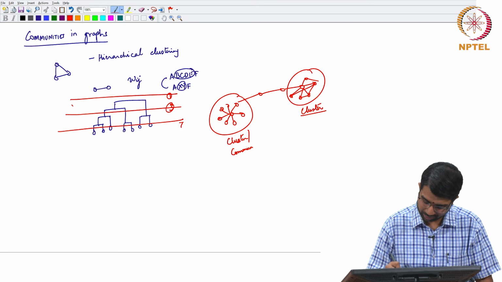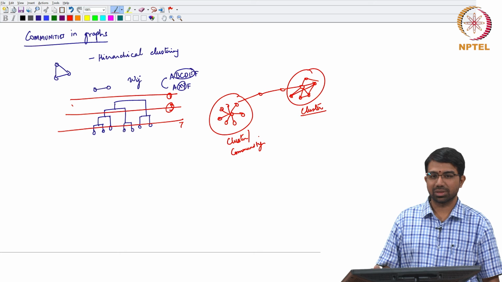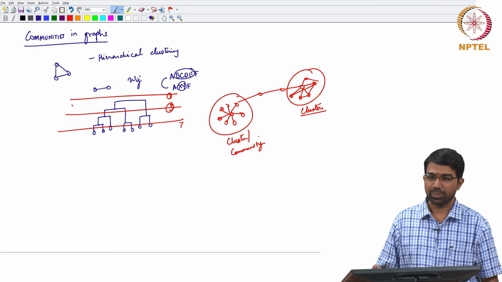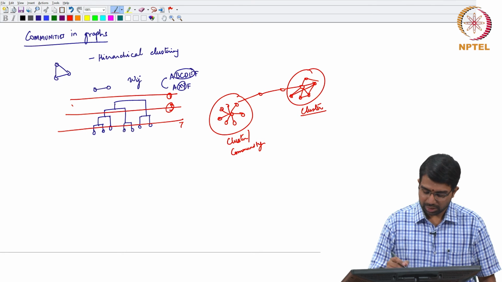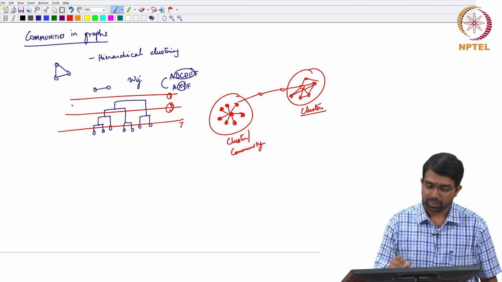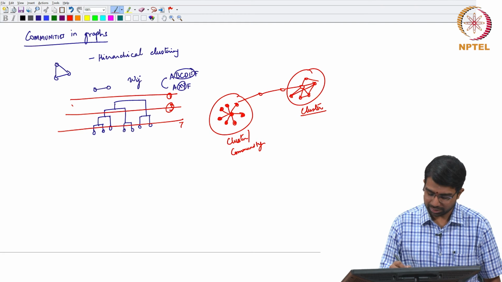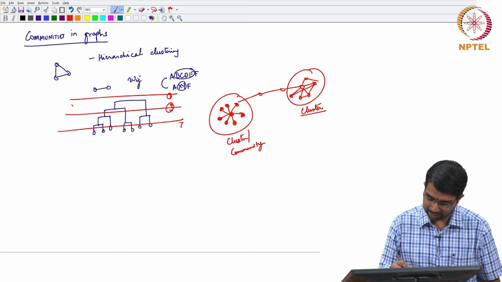The words are often used interchangeably, particularly in the biological community, but see this may be a cluster by virtue of its isolated function and so on, but if you see there are not enough intra community edges. I mean there are few, but it is not this tight.